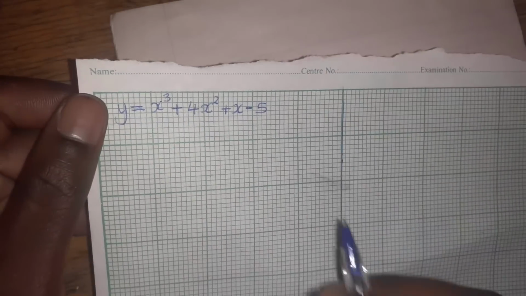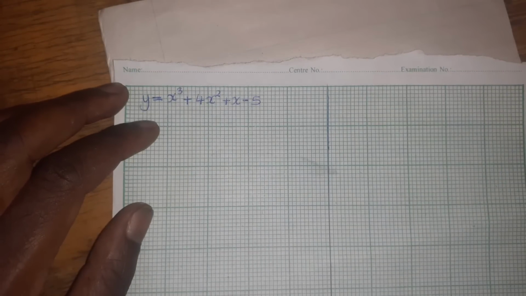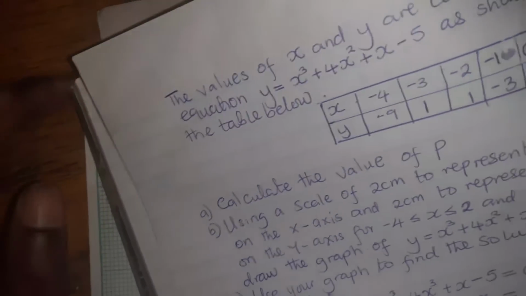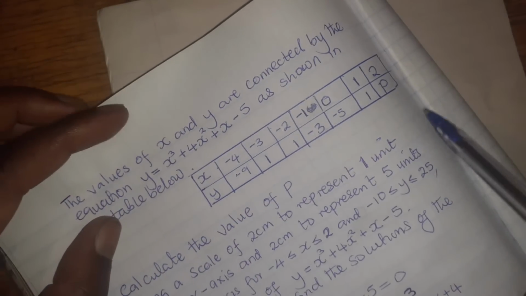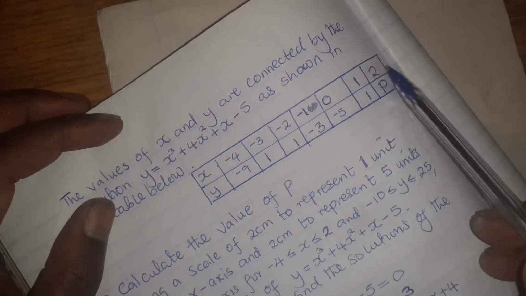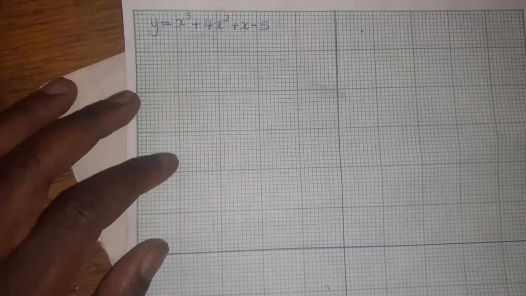Now, where there is x here, we need to put 2, just like what I explained here. When x is equal to 2, what is the value of p? So that is what we are supposed to do.